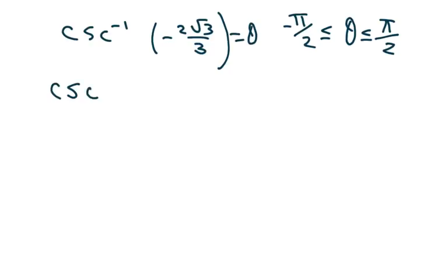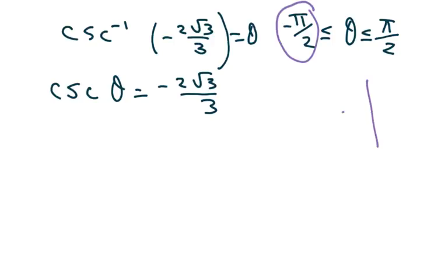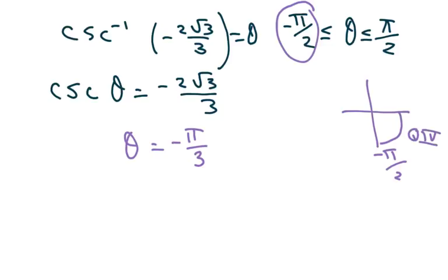So cosecant of theta equals negative 2 square root of 3 over 3. Remember, we're going to be in quadrant 4 here with only negative values. So my angle here is just going to be negative pi over 3. It's not going to be 5 pi over 3 because you can't go around. So we're just in quadrant 4. That's all.